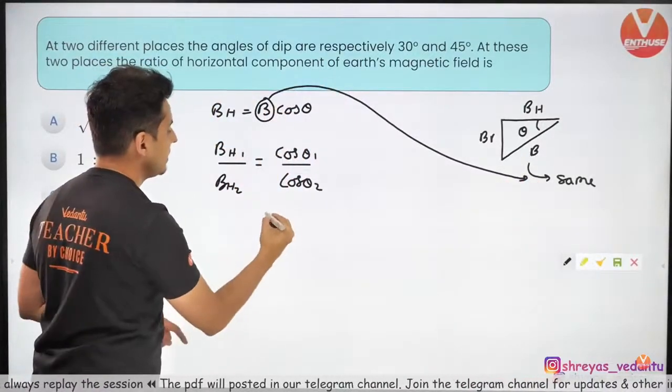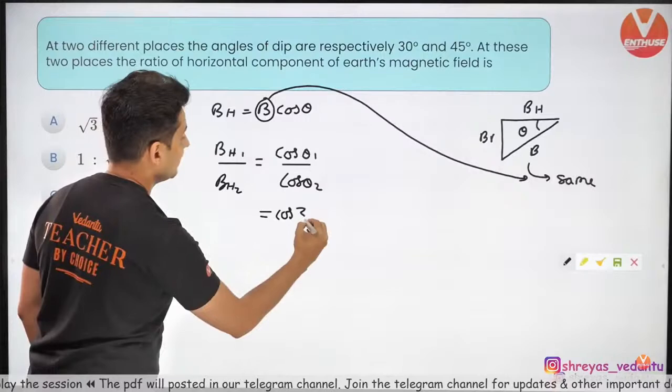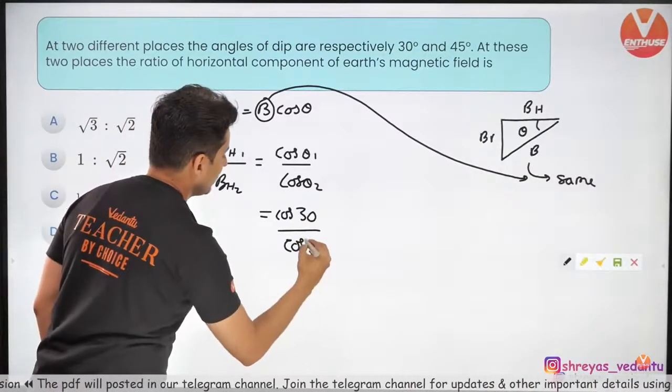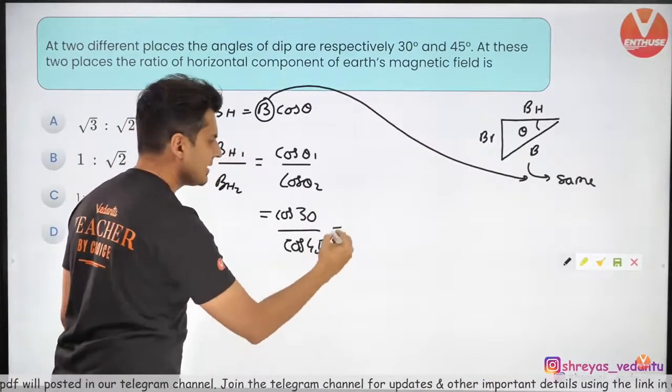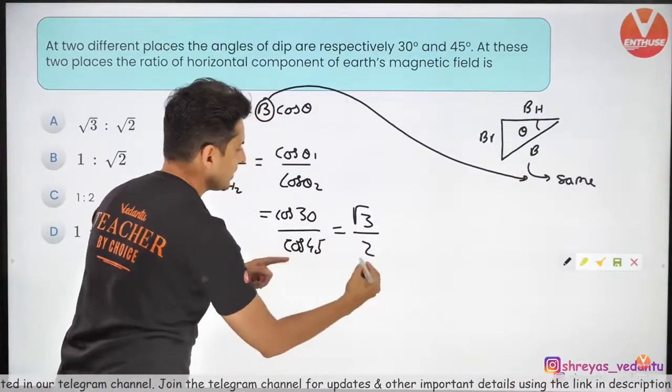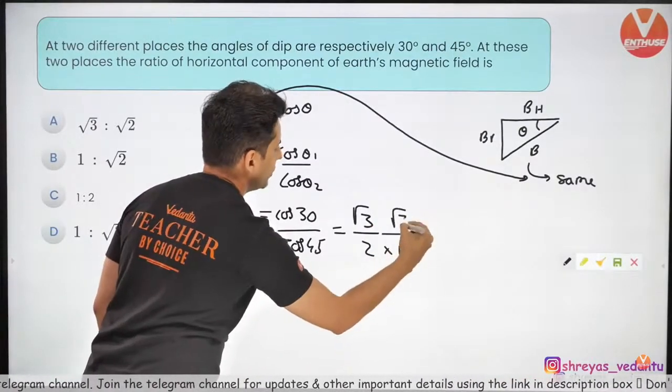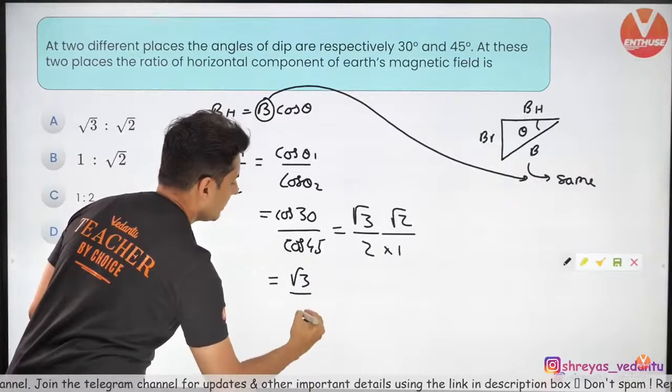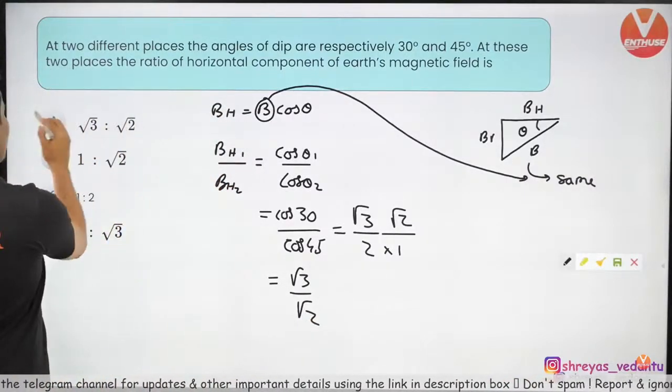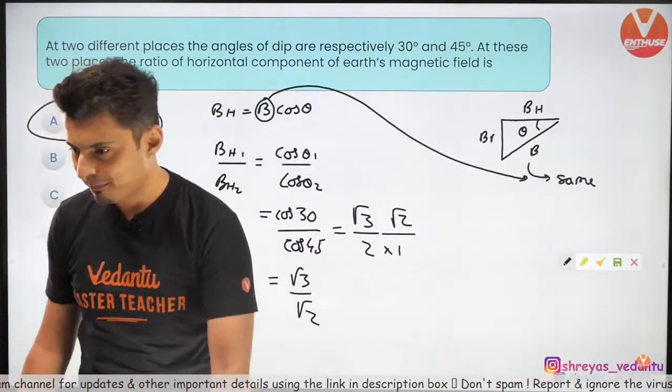So it gets cancelled. So cos 30 by cos 45: cos 30 is root 3 by 2, cos 45 is 1 by root 2. So this will become root 3 by root 2. Is it there in the options? Yes, it is.